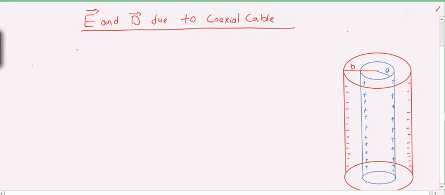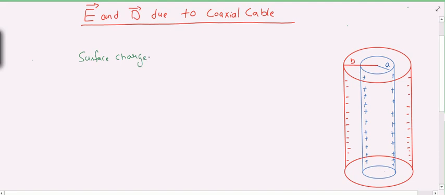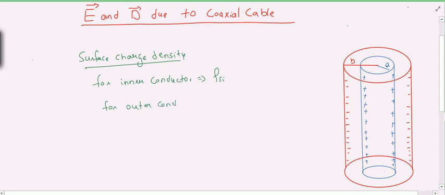So here the surface charge density for the inner conductor is rho s i, and for the outer conductor suppose it's rho s naught.